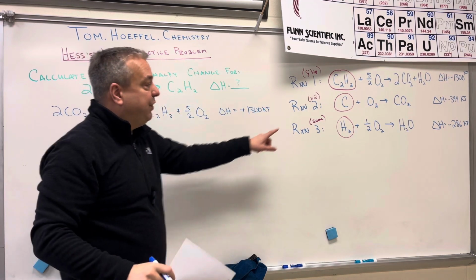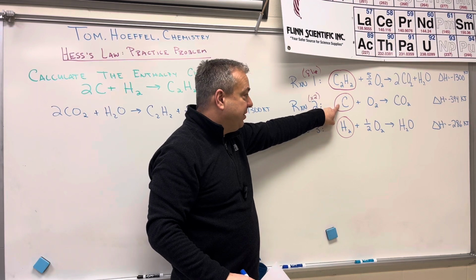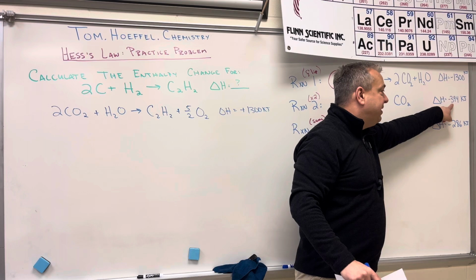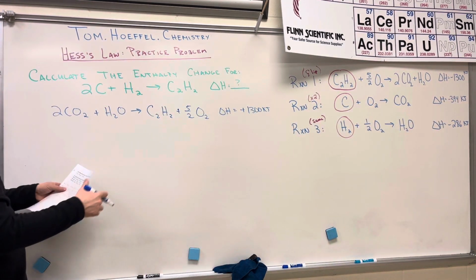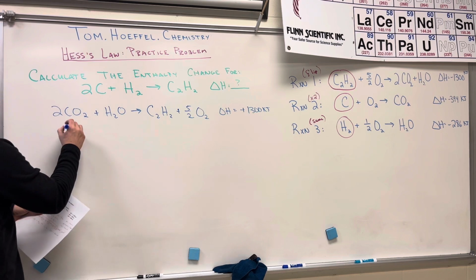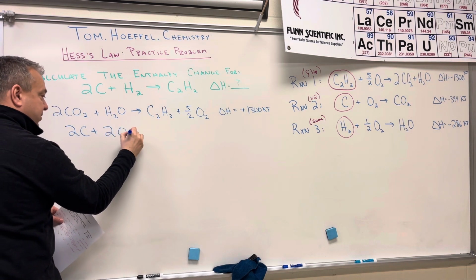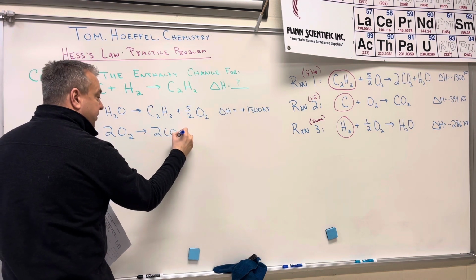For the second reaction, I'm going to multiply it by 2. So I'm going to put coefficients of 2 here, here, and here, and then I'm going to double the enthalpy change. So let's go ahead and multiply the second reaction by 2. That's going to be 2 carbons, 2 O2s, and 2 CO2s.